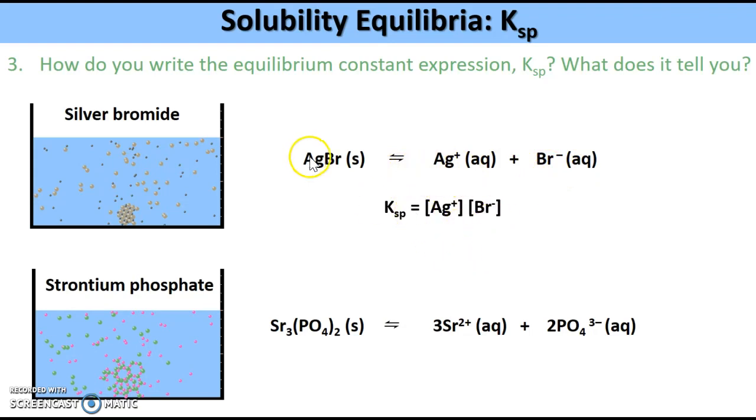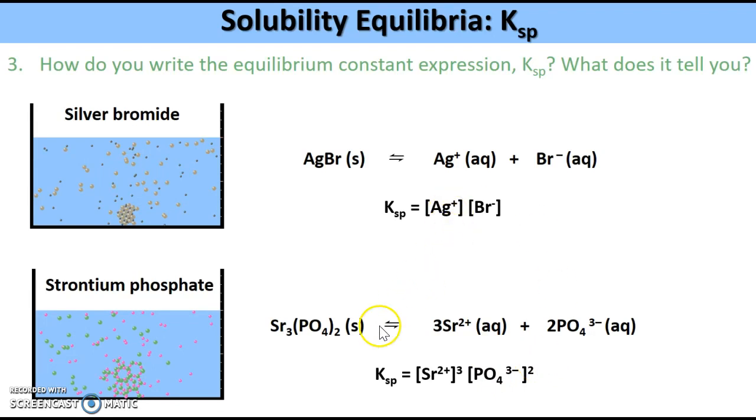However, for KSP, the reactants are always solid, which means they'll never be included in the K expression, and you end up with a product of the things that are dissolved. That's where this gets its name, K solubility product, because it's always going to be the ions multiplied by each other. Again, just be careful if you have stoichiometry, don't forget it. So for this second harder example, KSP is the strontium ions to the 3rd power, phosphate ions squared.